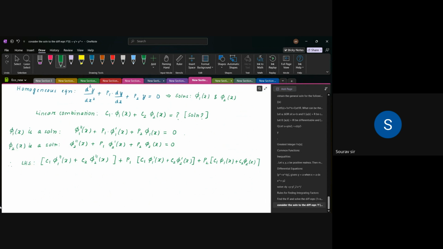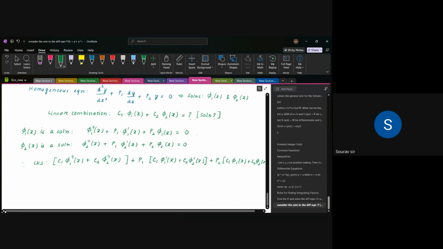Correct? This is what you're getting. Now if you just take the C1 terms common.